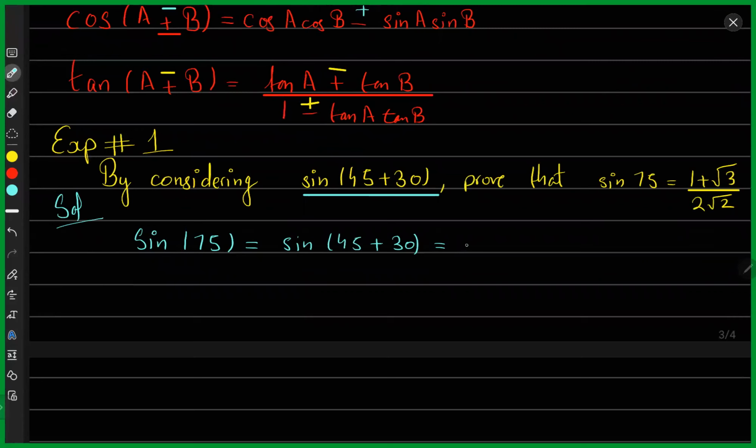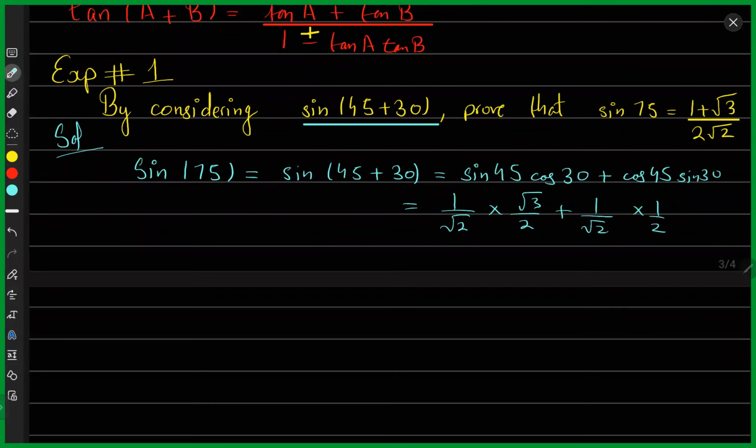So this would be sine 45, my A is 45, cos 30 plus cos 45 sine 30. Next, I need to plug in the values of sine 45. It's 1 by root 2. Cos 30 is root 3 by 2. Then cos 45 is 1 by root 2 and sine 30 is 1 by 2.